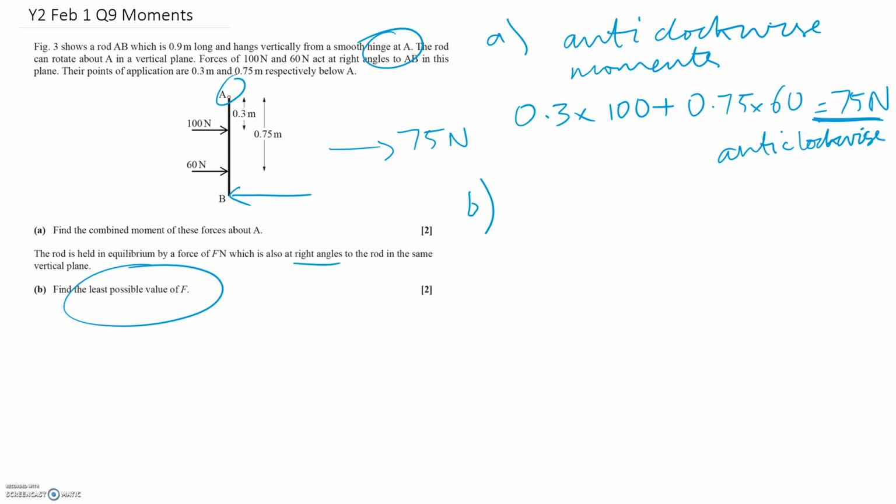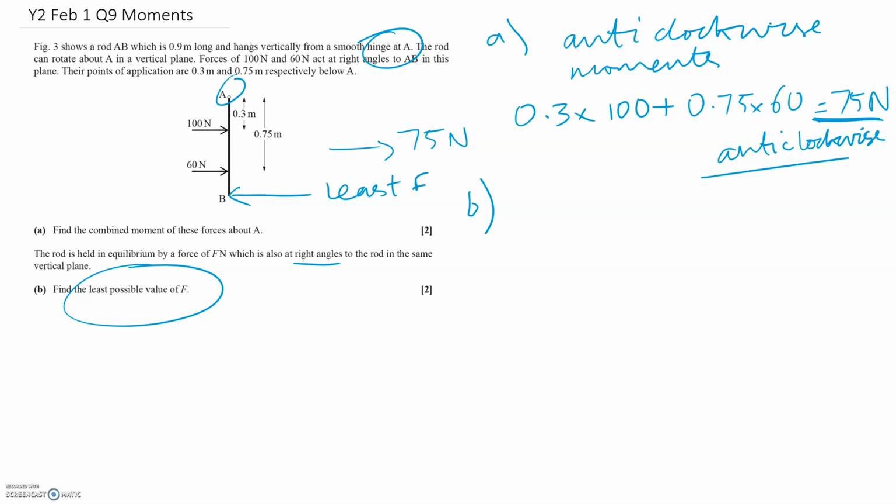Anyway, the least value of F will be when the force is at B, and it's got to go clockwise to balance the anti-clockwise force we just worked out over here.